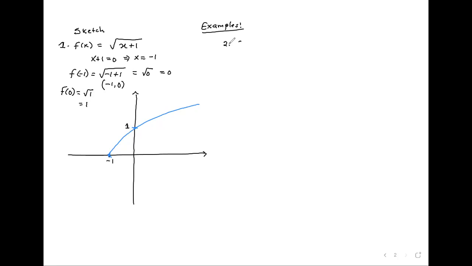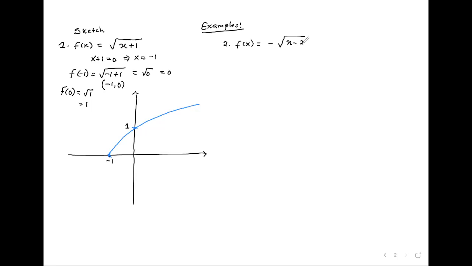The second one, if f of x is negative root of x plus 2, or let's change it, let's use a minus inside there, x minus 2. What would we do?